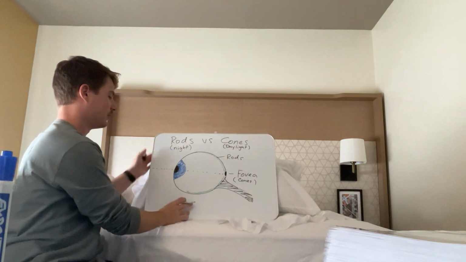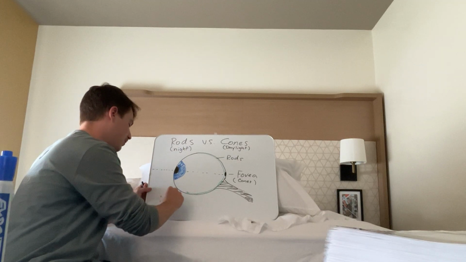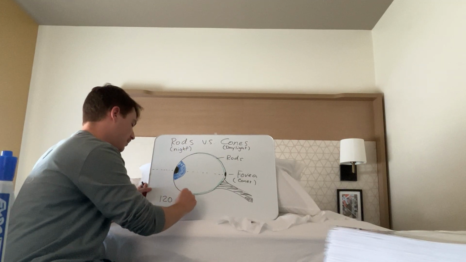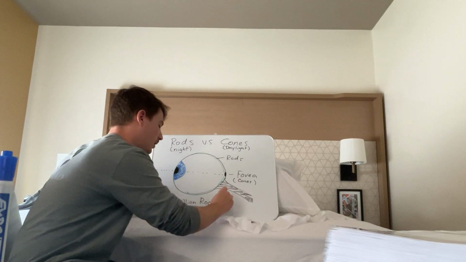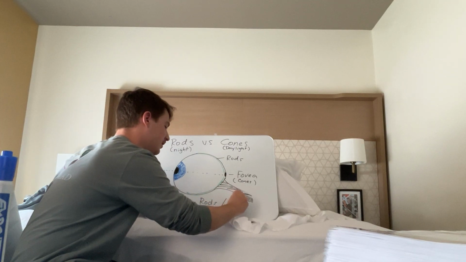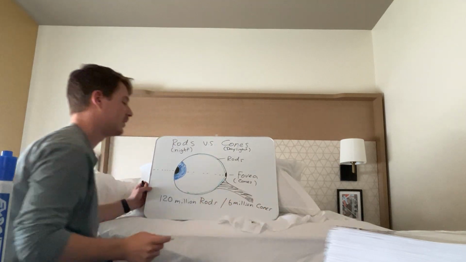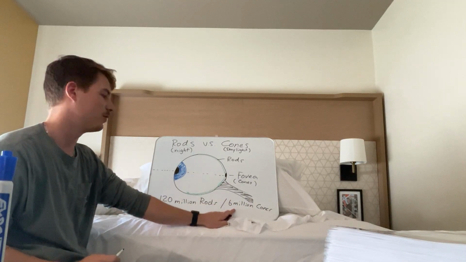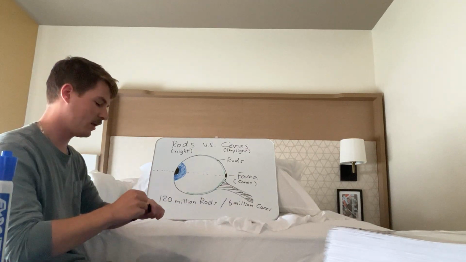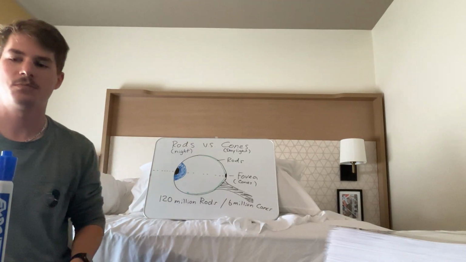There are actually about 120 million rods and only about 6 million cones. And the large majority of these 6 million cones are found in the fovea. So there are significantly more rods than cones.